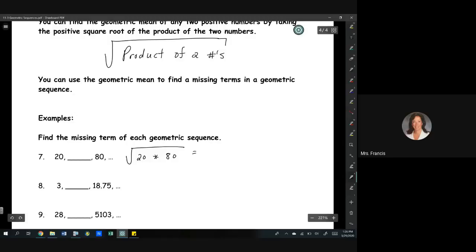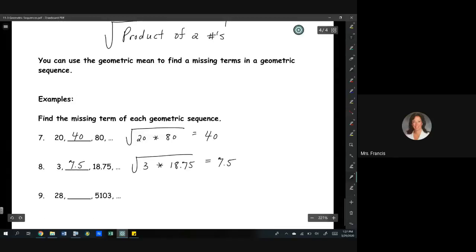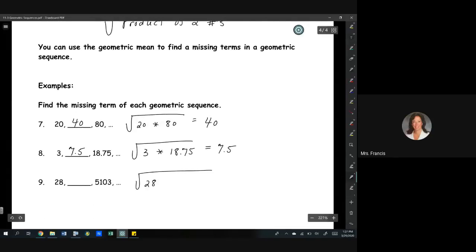And in that case, 20 times 80 gives us 1600, and the square root of 1600 is 40. We've got the square root of 3 times 18.75, and that'll give us 7.5. And the last one is the square root of 28 times 5103, which gives us 378.